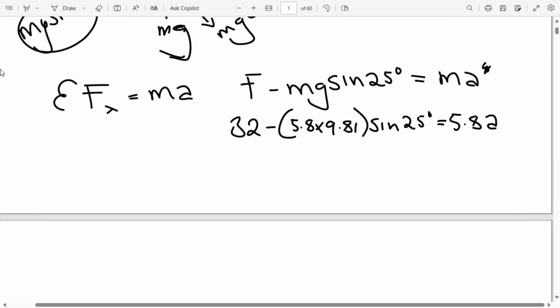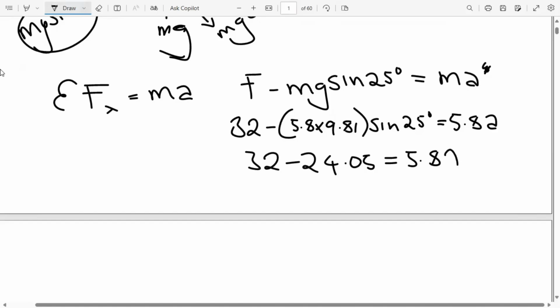So I'm going to have 32 minus 24.05 being equal to 5.8 times acceleration. Then we can subtract: 32 minus 24.05 is giving me 7.95. So 7.95 is equal to 5.8 times acceleration.